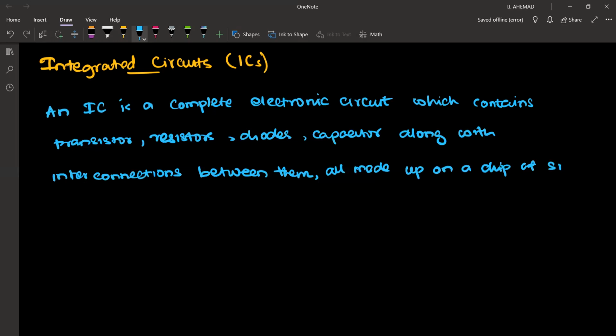So on a chip of silicon, we have all of these components together with interconnections to make certain circuits.